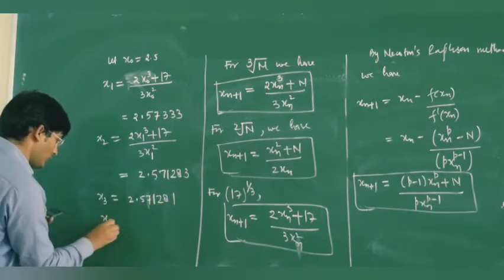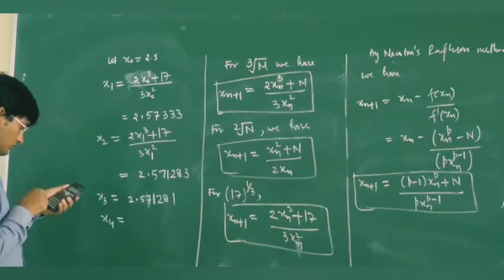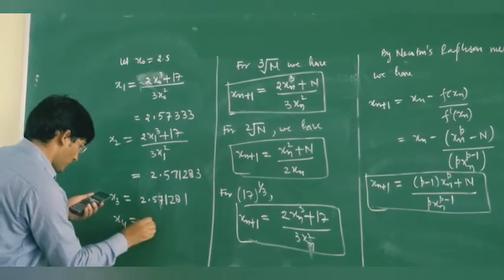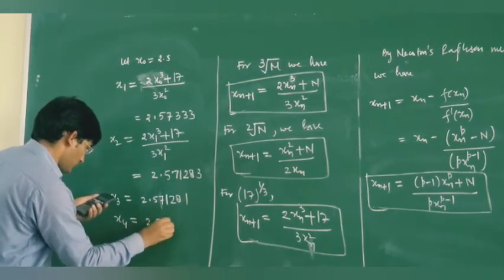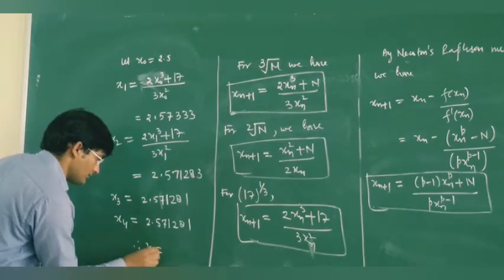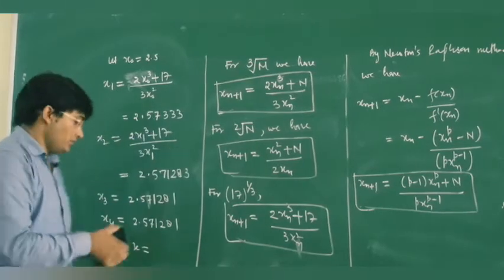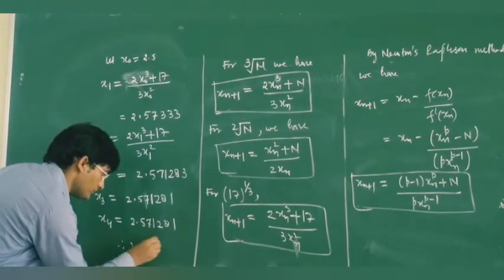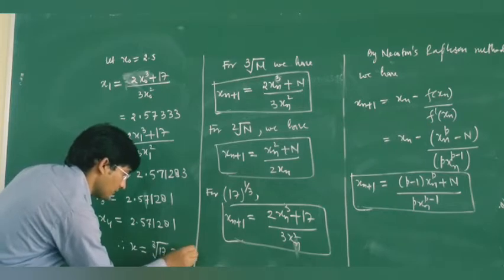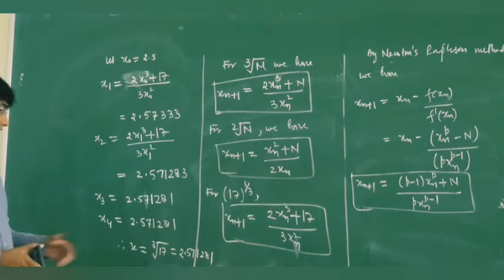Your x4 will be equal to 2.571281. So therefore your x, that means the cube root of n, is equal to 2.571281. So this is our x.